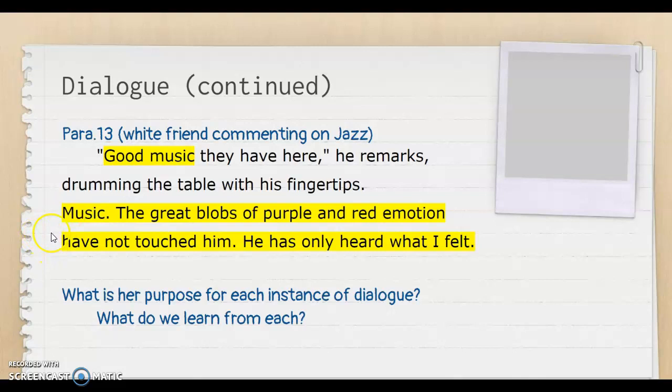The great blobs of purple and red emotion have not touched him. He has only heard what I felt. And so this piece of dialogue is setting up that contrast between what this white friend hears, feels, and thinks about the jazz music that they're both listening to at the same time together, and how that music affected her.